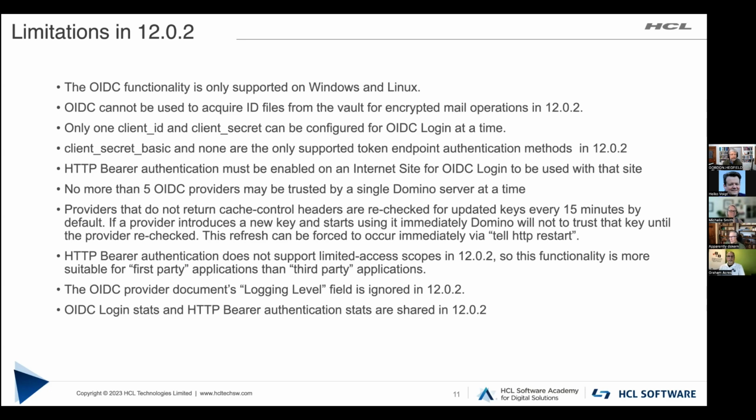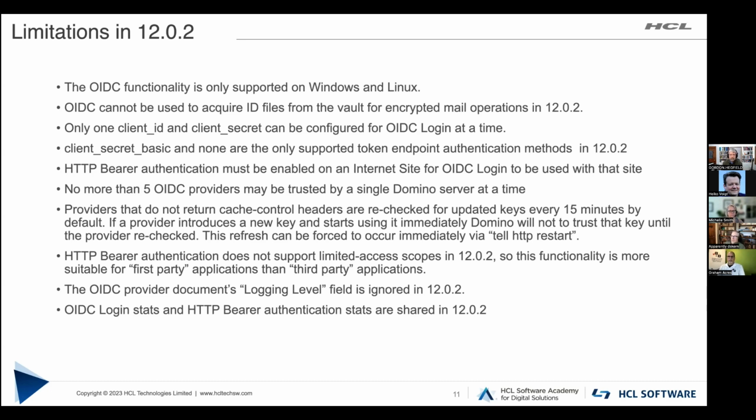But the only scope that is supported in 12.0.2 in an access token is domino.user.all. And when you set that scope, that token has the end user's full access to that Domino server. It doesn't restrict read versus write, or mail files versus something else, or this database versus that database.